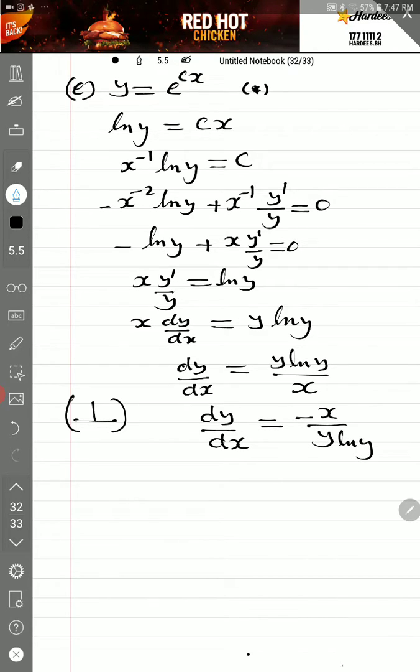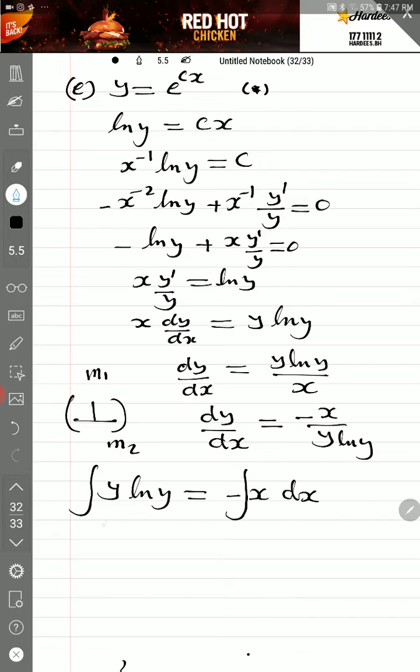As I said, this is m1 and this is m2, and the product of them will give you minus 1. Now to finalize this, we need to separate the variables. It will be y ln y dy equals minus x dx, and you integrate both sides.